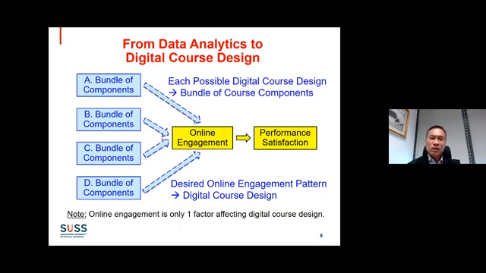So we know what kind of online engagement is generated by each of the different course designs or the different course components. If we believe in a certain pattern that will help us maximize performance, and a certain pattern that will help us maximize course satisfaction, then the results from our learning analytics, from our data analytics, will enable us to identify which bundle is most appropriate for the course that we're trying to develop.